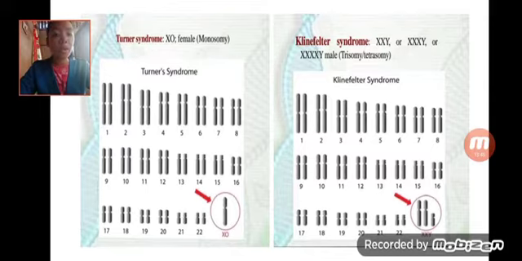So here, the female has only one X chromosome instead of two, that is the 45,X0 condition. Another monosomic condition is cri-du-chat syndrome. It is a deletion of part of a chromosome.